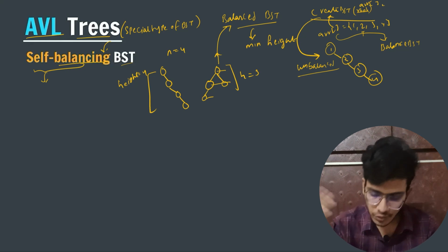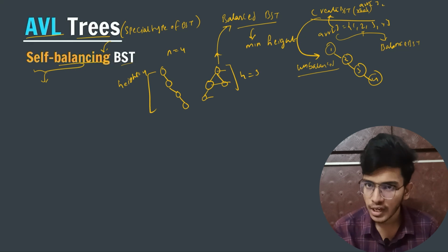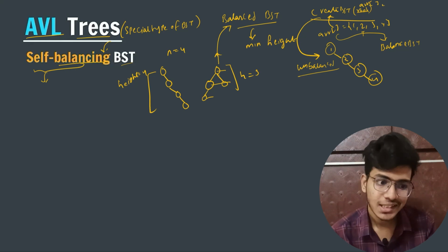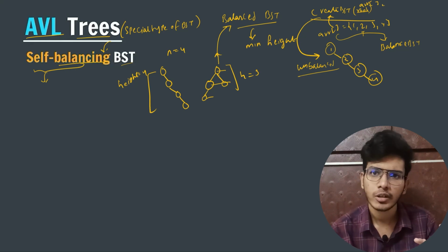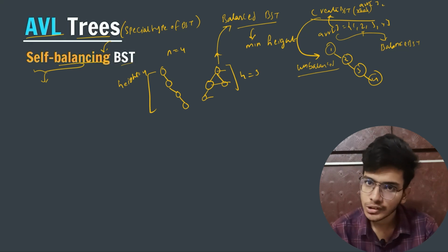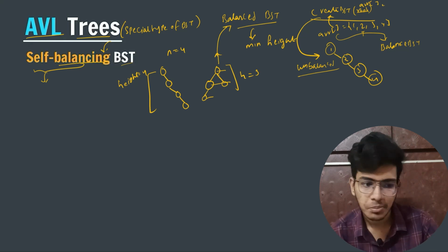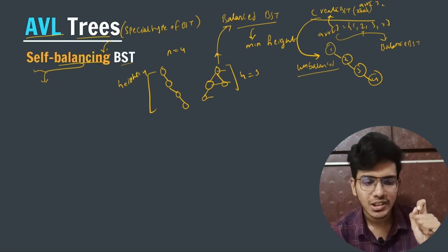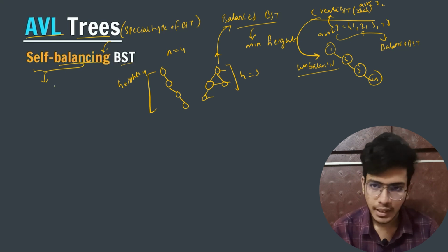Now instead of writing a different function, I am going to use a new type of BST that is self-balancing. You don't need to write separate code for balancing. You just pass the nodes, my AVL tree will do some operations and give you a balanced BST. This is the basic working of AVL trees.